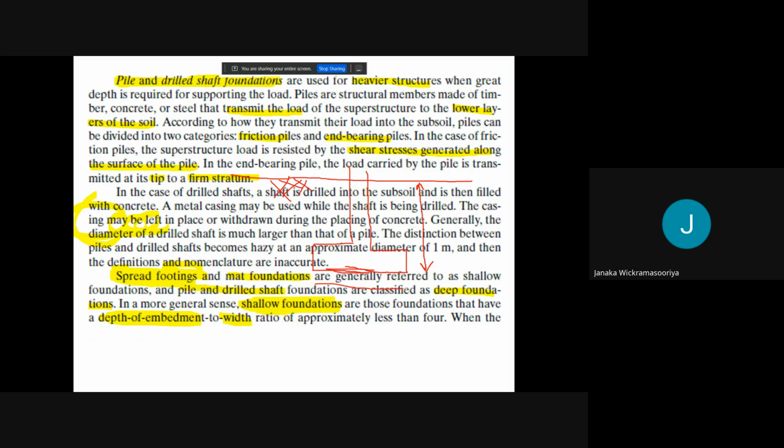It means this one. Shall we take the width as B and depth as D? Then what does it say? Those that have depth of embedment D divided by B less than 4.